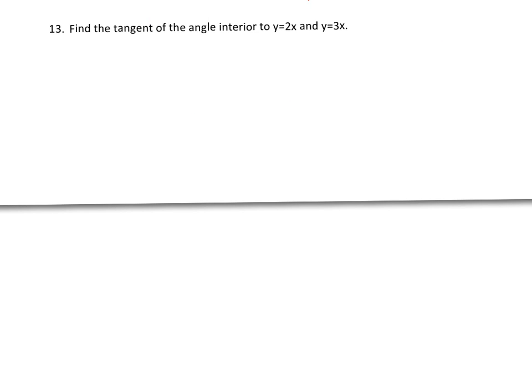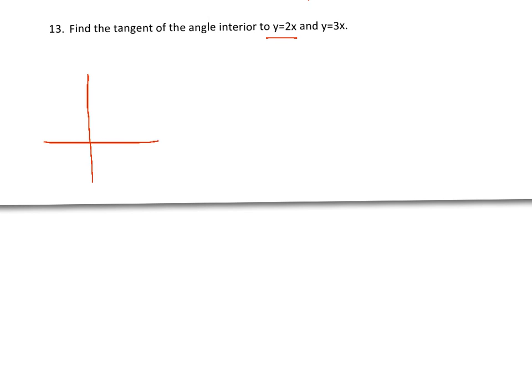For number 13, we want to find the tangent of the angle interior to y equals 2x and y equals 3x. First we're going to find the tangent of the angle to y equals 2x. I think it's pretty smart to draw a picture.